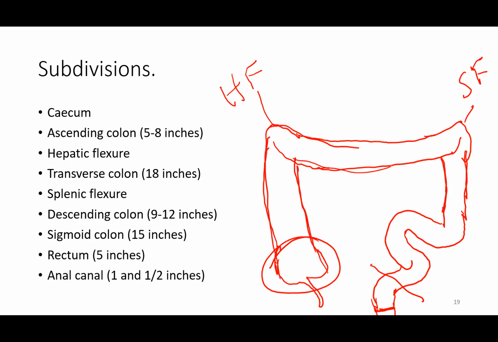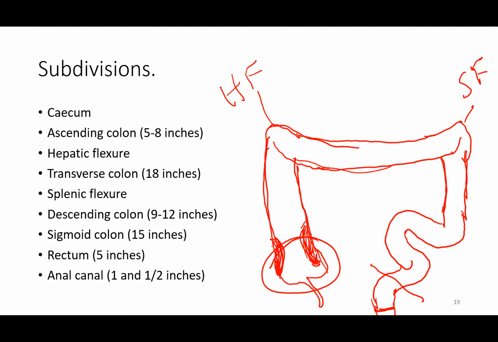This is very significant surgically: tumors on the right side hardly cause intestinal obstruction, because the caliber is larger. This is one of the reasons.